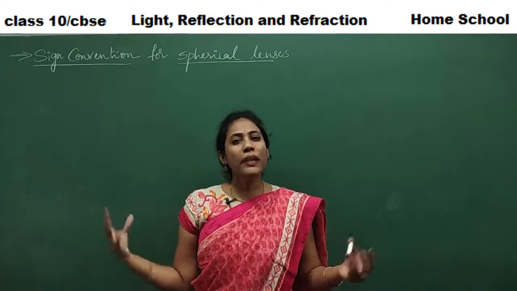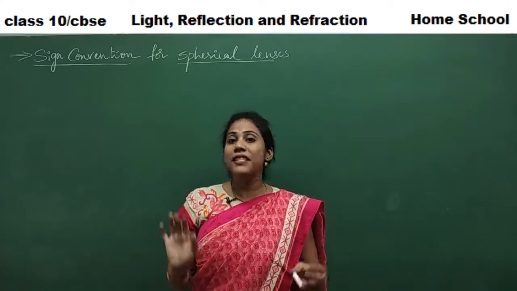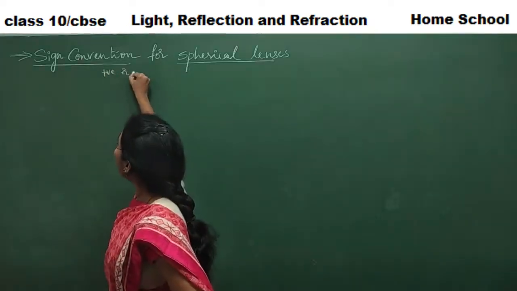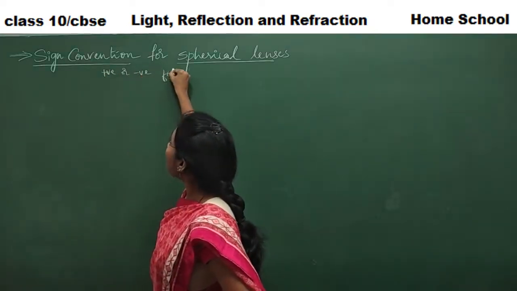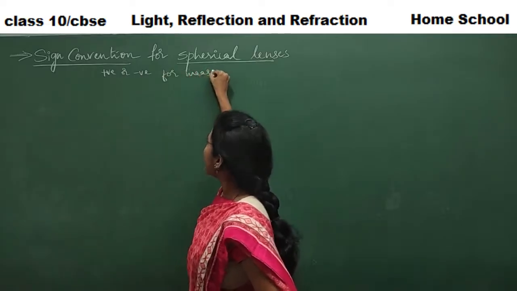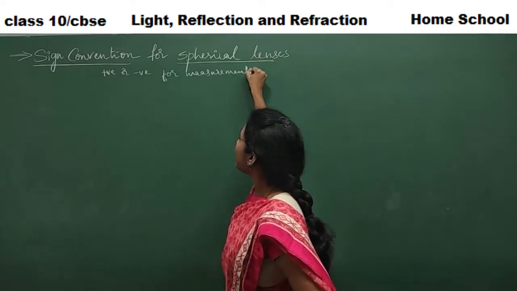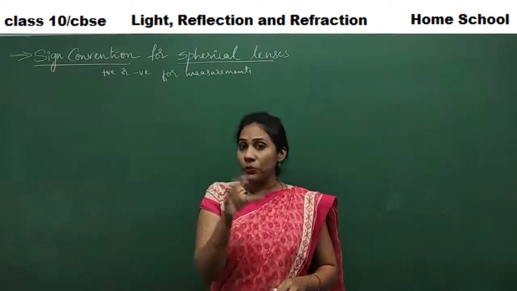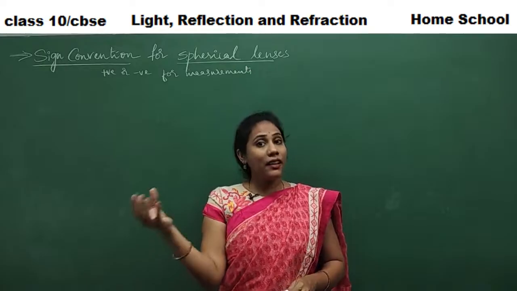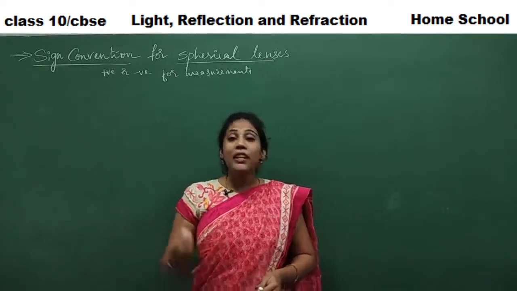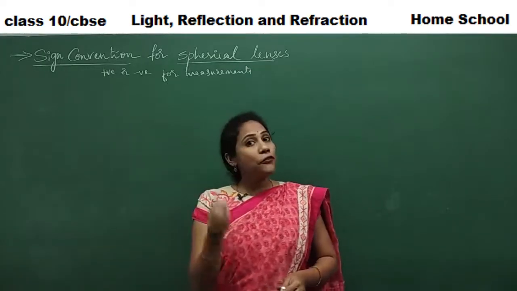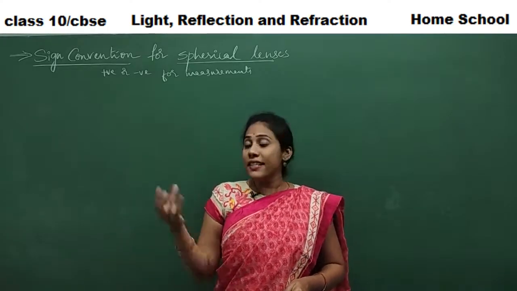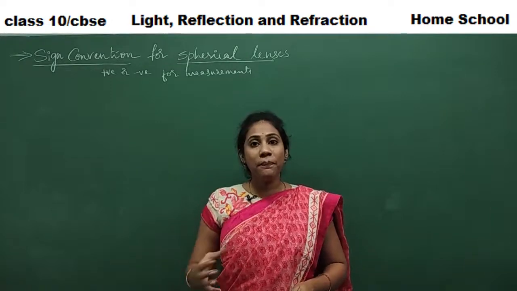So what do you mean by sign convention here? Sign convention is nothing but giving positive or negative sign for various measurements. What do you mean by measurements here? We will have to measure the distance between the object and the optical center. You will have to measure the focal length distance. You will sometimes have to measure the distance of image formation.